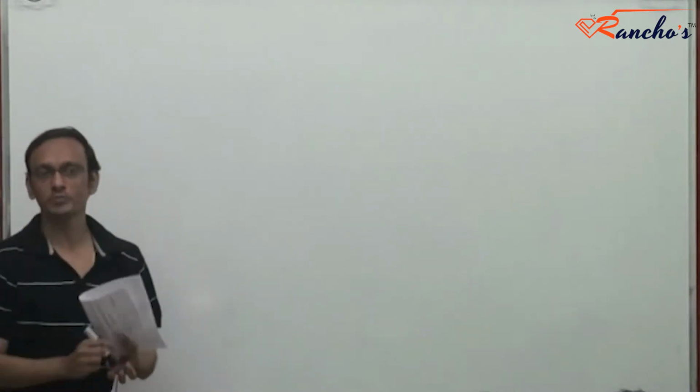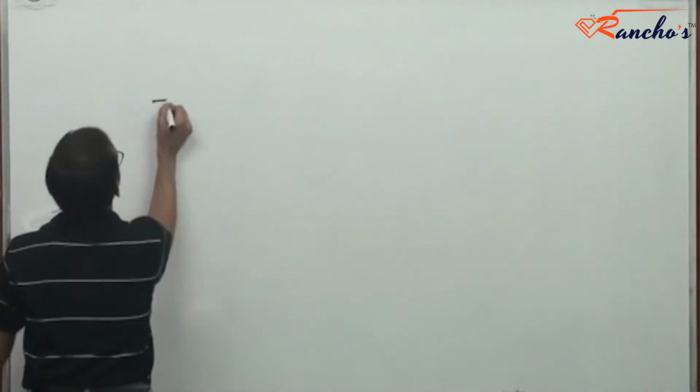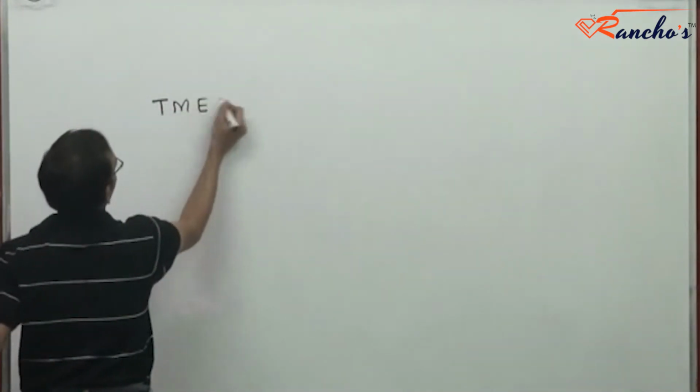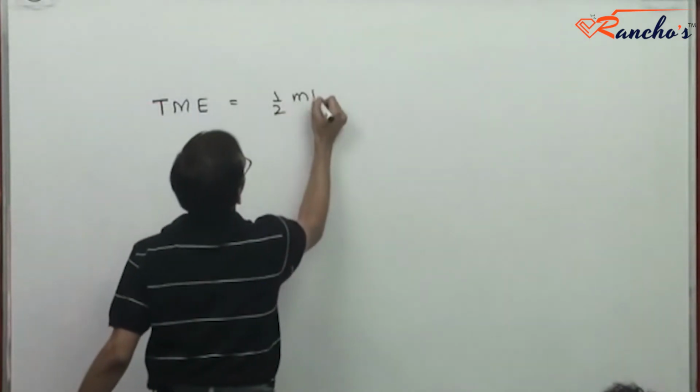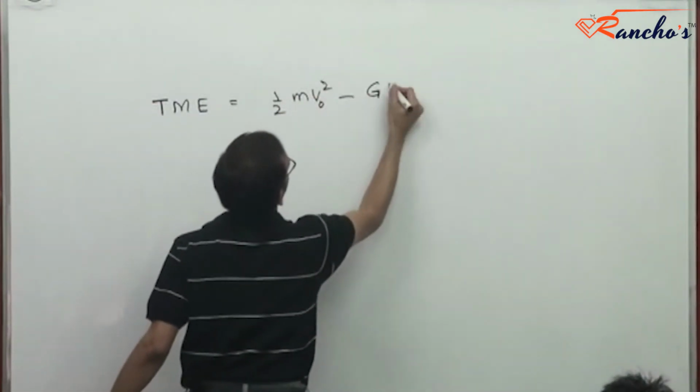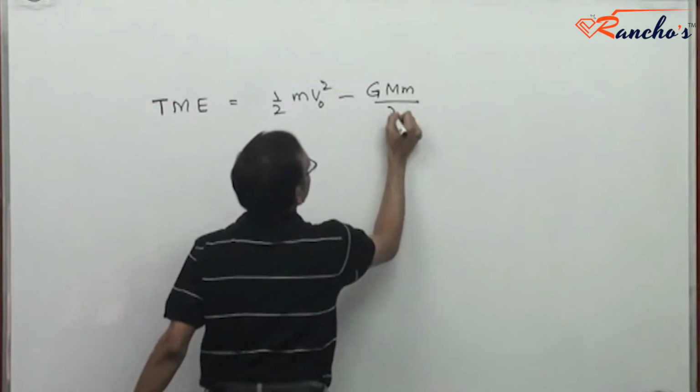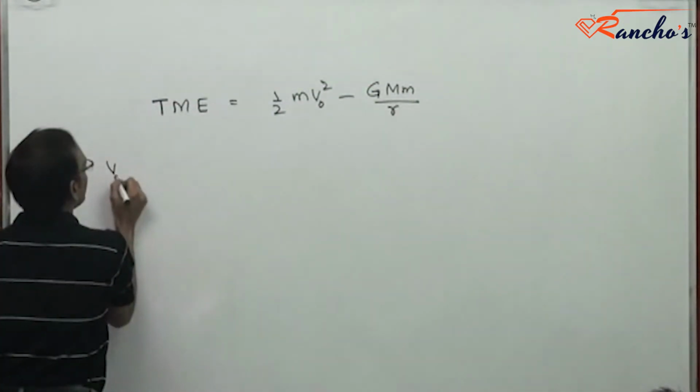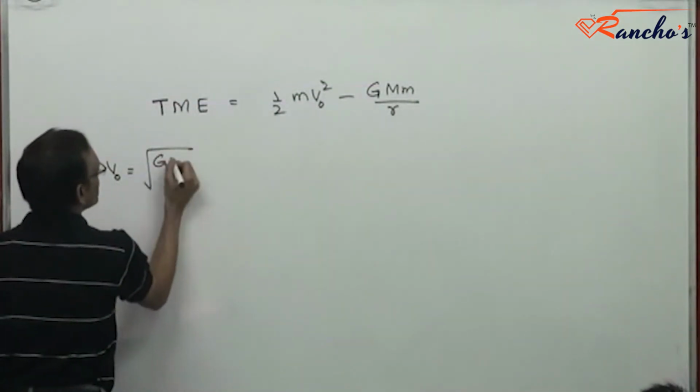When this satellite is orbiting around the Earth in an orbit of radius r, it has total mechanical energy, which is half m v naught squared minus GMm by small r, where v naught is root GM by small r.